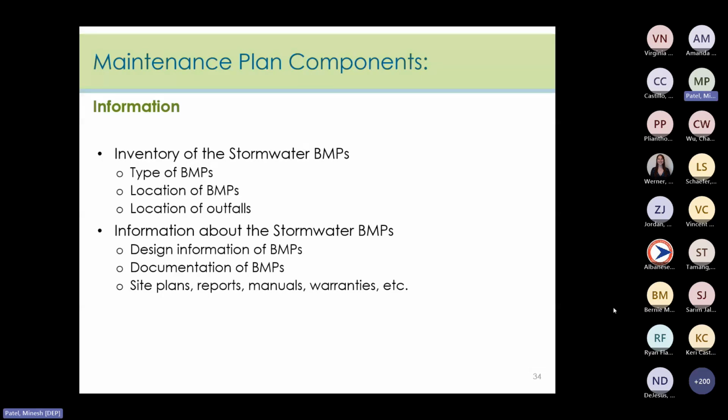In this case, the drain downtime should also be included. If there is an infiltration component, what is the benchmark permeability rate so that the maintenance staff can check whether the system is failing? And then if there is an MTD, the warranty and the owner's manual should also be included.